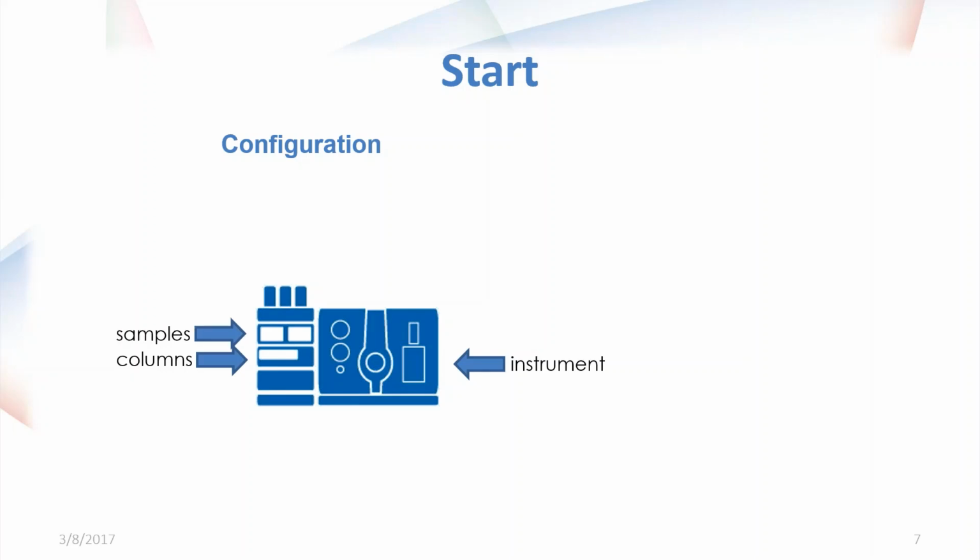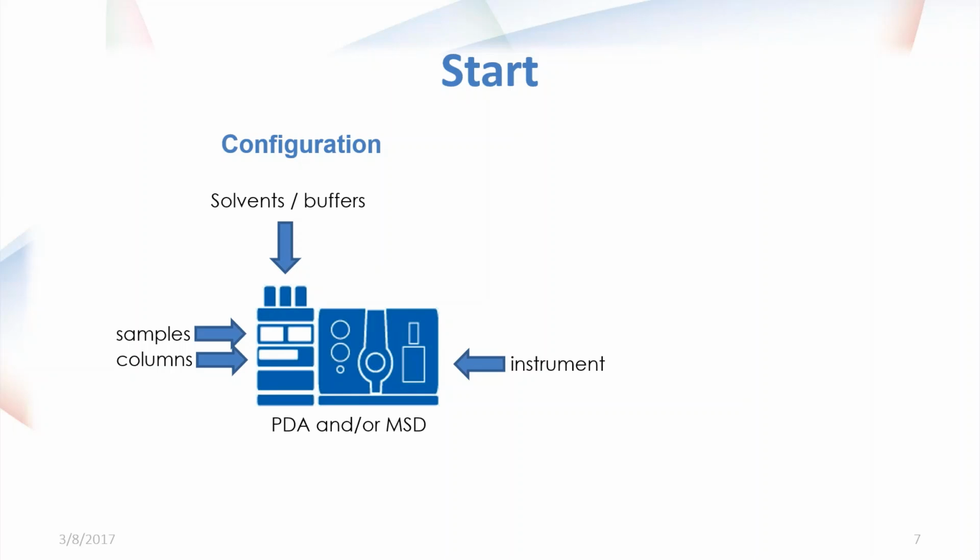You'll specify what samples you're going to be measuring, and in this case, you would have your API, you may have your degradation samples, you may have internal standards or standards as well. You can also specify what solvents and buffers are set up on your instrument, and whether you're detecting using PDA or mass spec detection, or both.